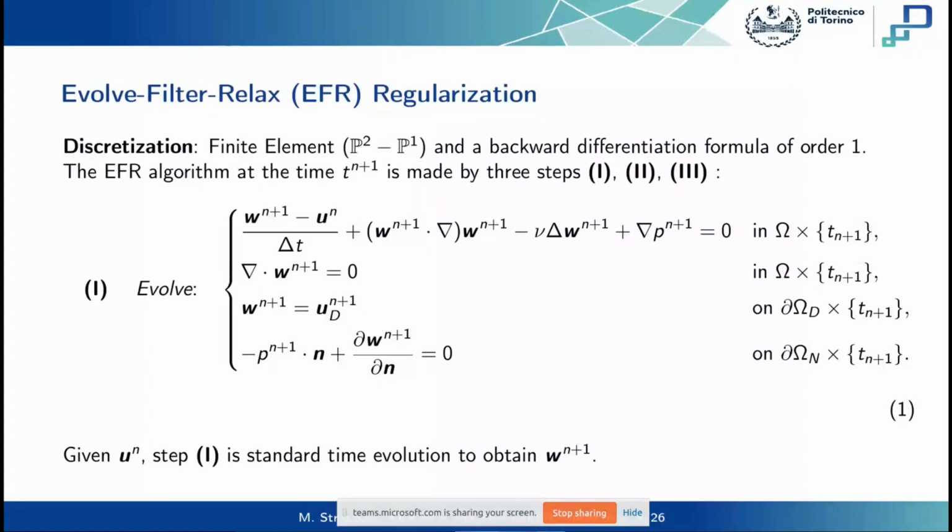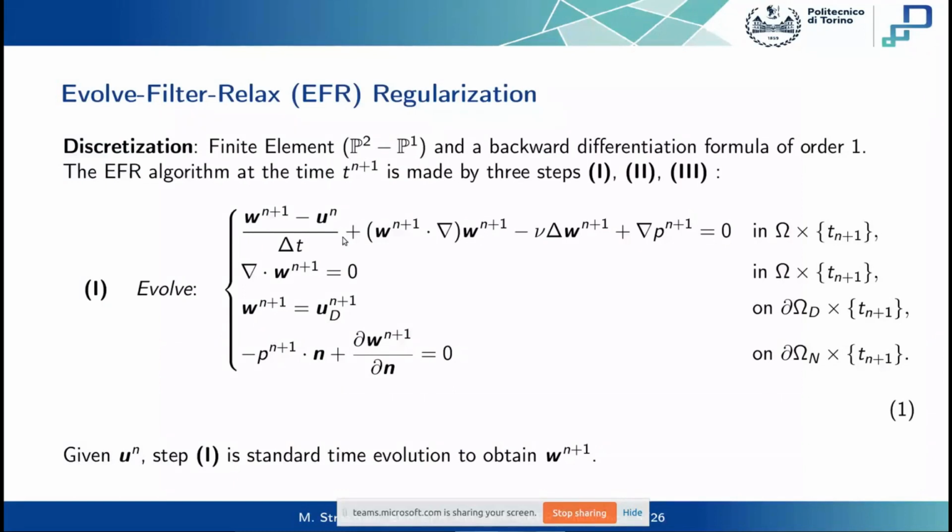So we use P2, P1 finite elements for space discretization, and the backward Euler formula of order 1 for time discretization. And the EFR algorithm is basically divided in 3 steps. So the first step, the evolve step, actually solves a standard Navier-Stokes equation for time t n plus 1, okay?